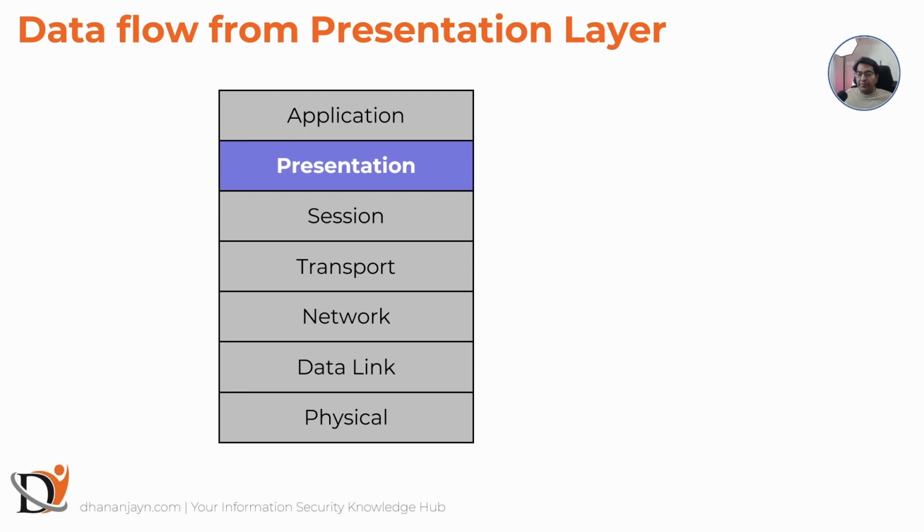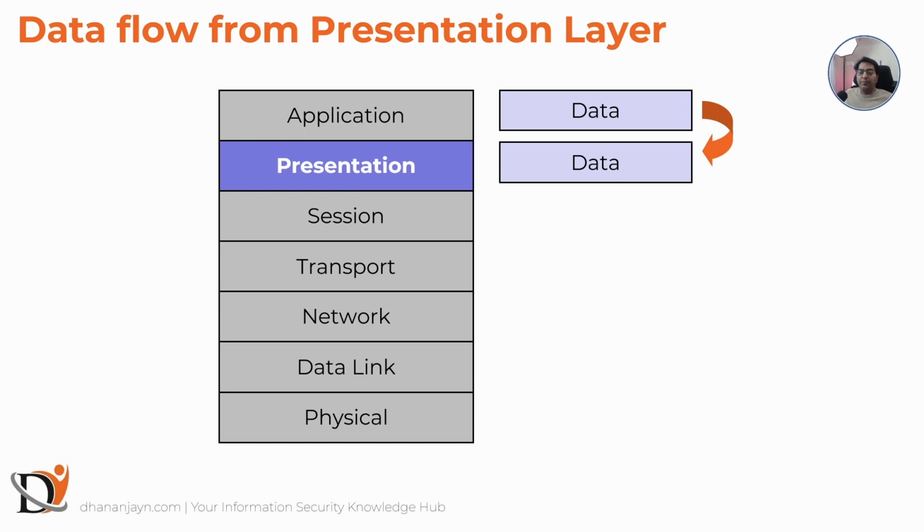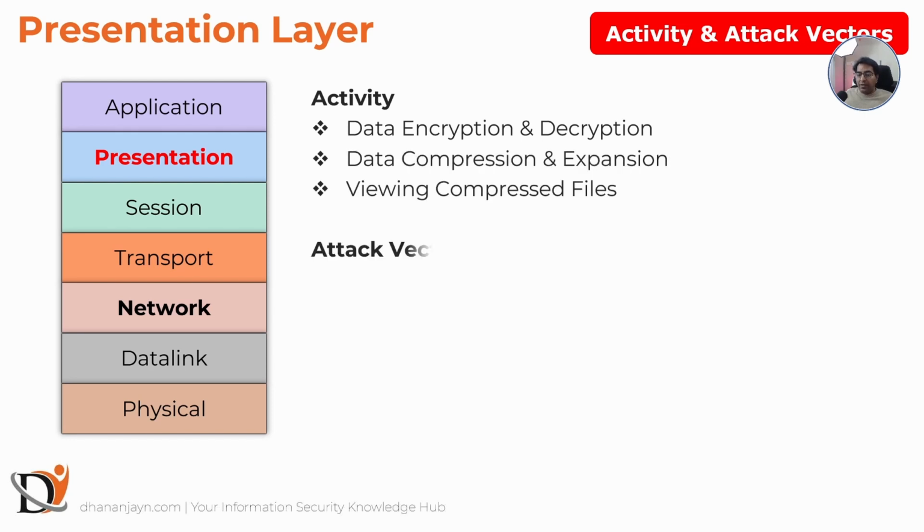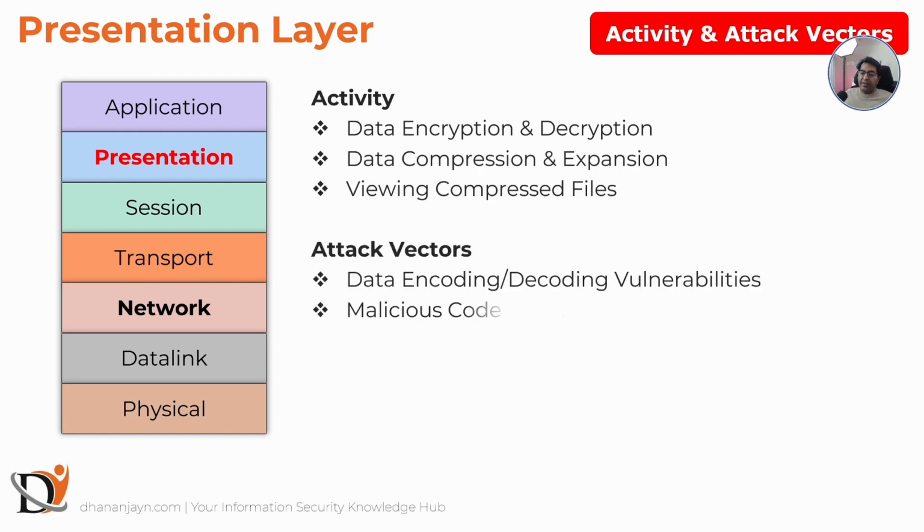The application layer will attach the ports, the data is now entering the presentation layer, and now once the required operations like compression, decompression, encoding, decoding, and encryption and decryption are done, the attack vectors, if we look at, are data encoding and decoding vulnerabilities.